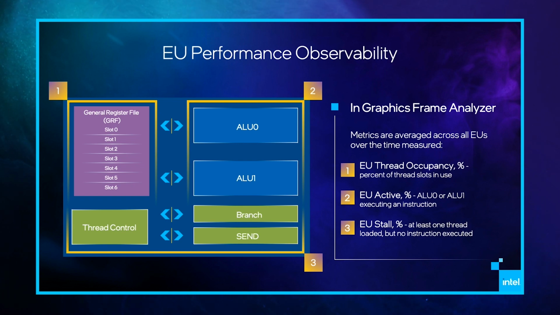And finally, EU stall. This is the percent of time when the EU is stalled, meaning, as you saw in the example, there is at least one thread loaded, but no execution of instructions. Obviously, this should be as low as possible, and as mentioned, a high stall value usually means a lot of memory accesses in shader code.